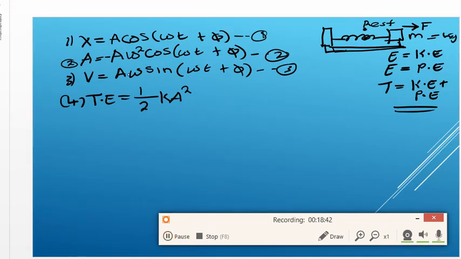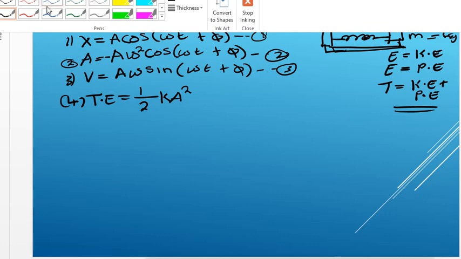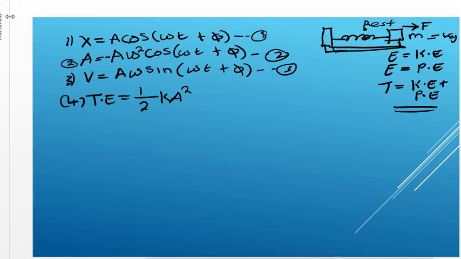Okay, so we have the total energy equal to 1 over 2 k A squared.